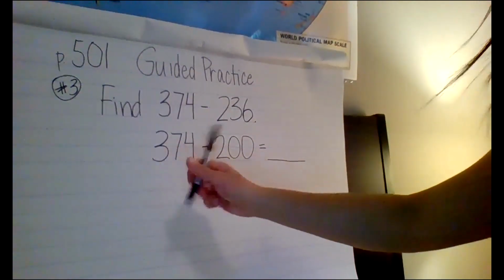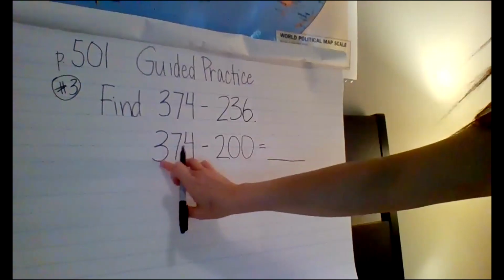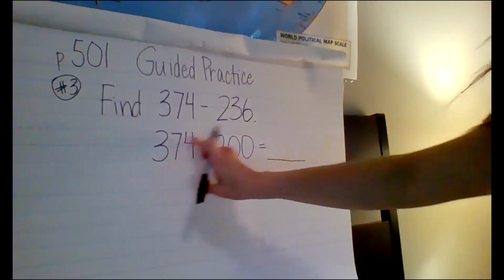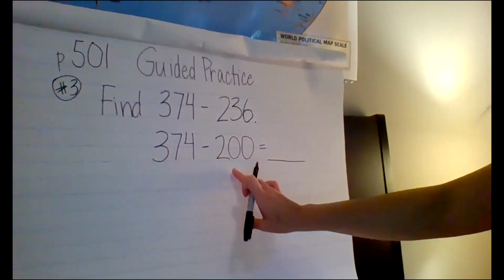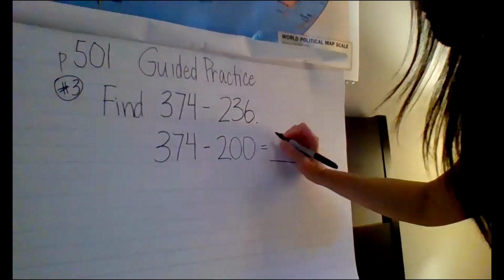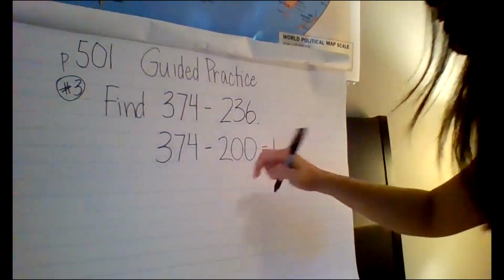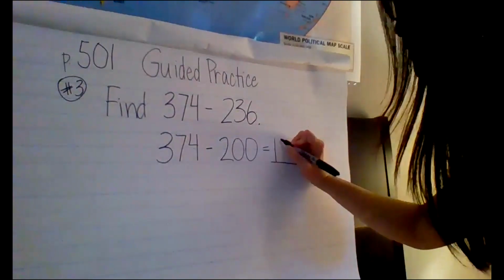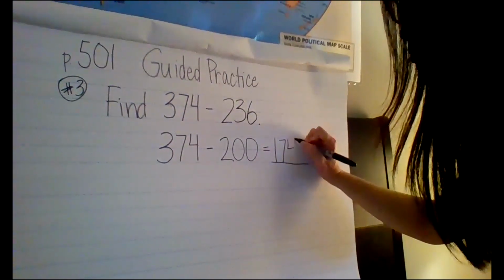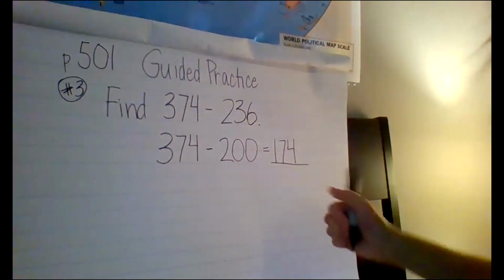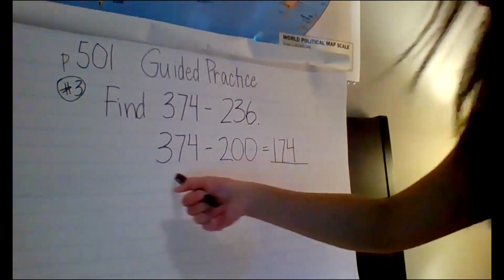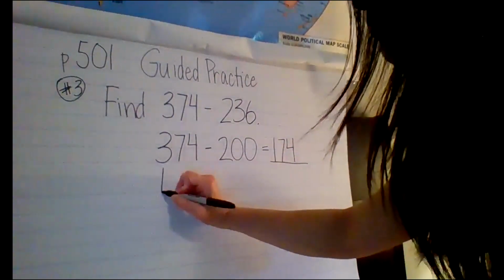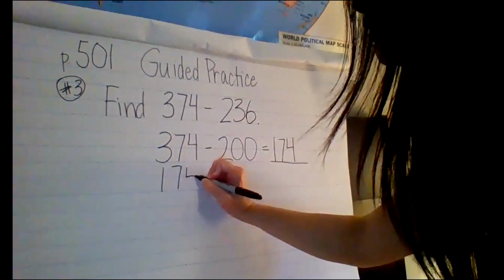Let me say that another way. We're taking 300s and subtracting 200s from them. So that will leave us with 100. And we still have 7 tens and we still have 4 ones, right? So now we rewrite that number we have now, 174.